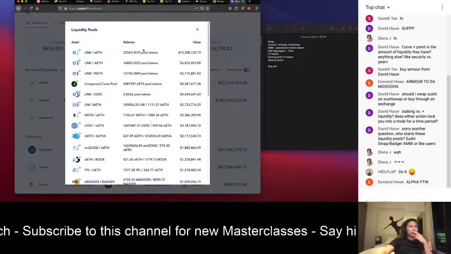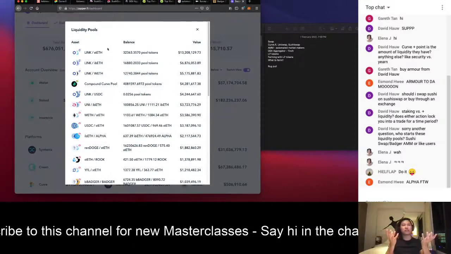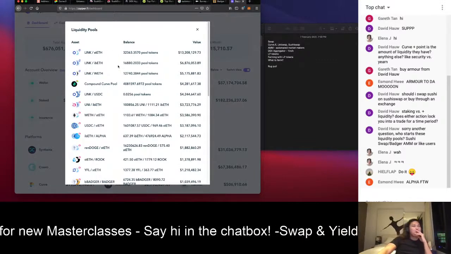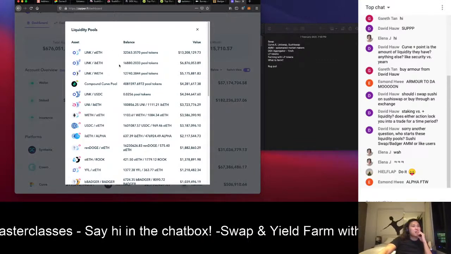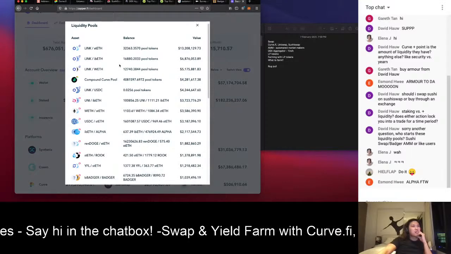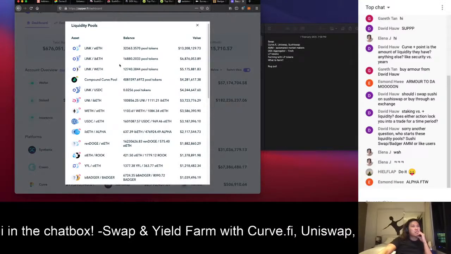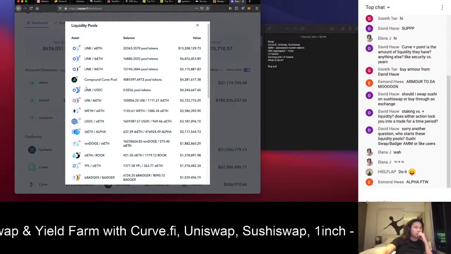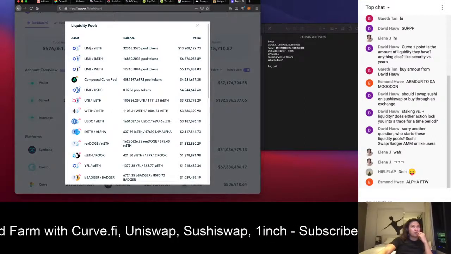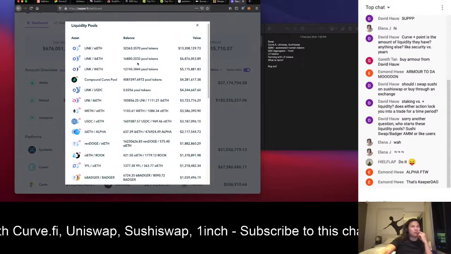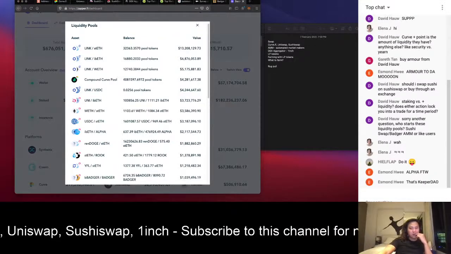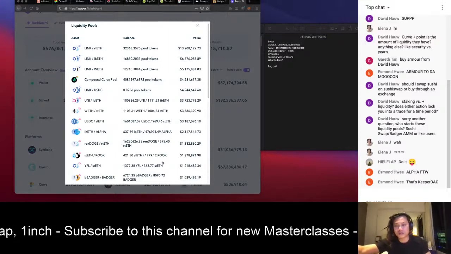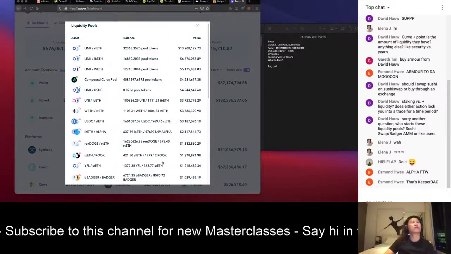Let's look at his liquidity pools. So these are the ones that he's just earning the transaction fees. Wow. It's a lot of Linkswap. I think we need to go and look at Linkswap. There must be a lot of money to be made there. Oh, that's Keeper DAO. Oh, I didn't know that you can put stuff into Keeper DAO.